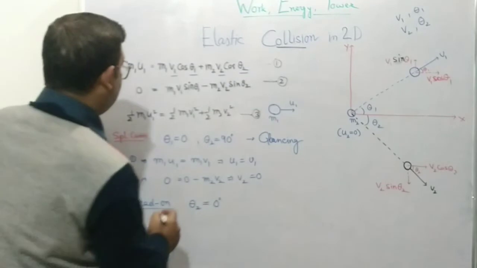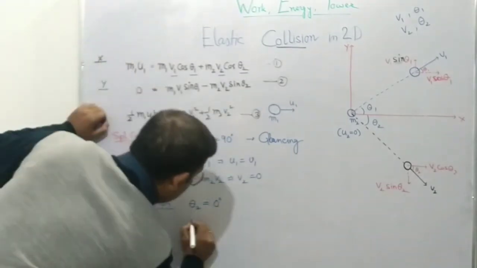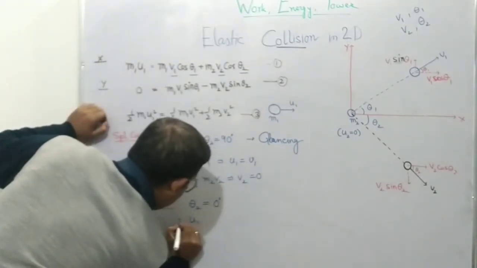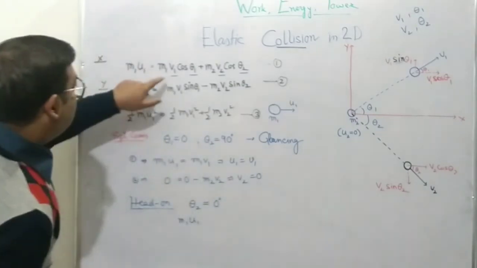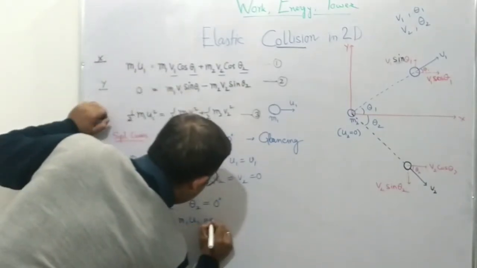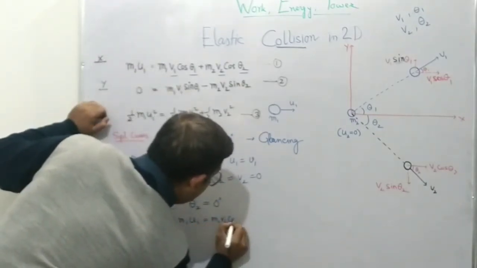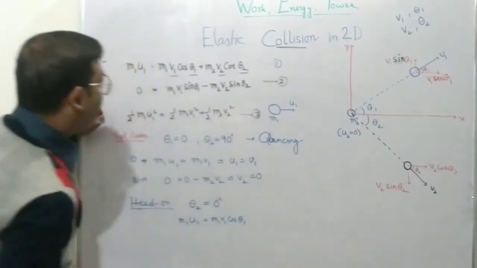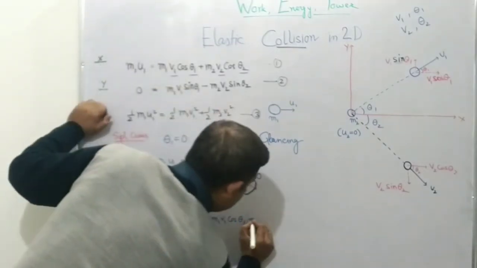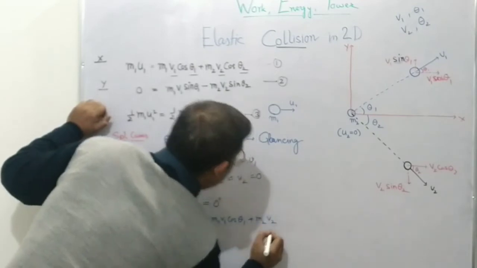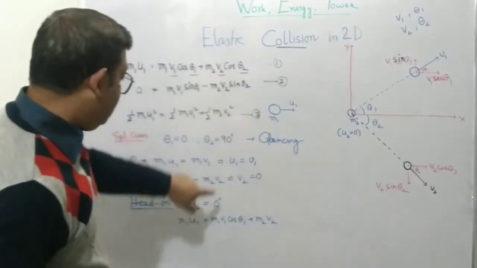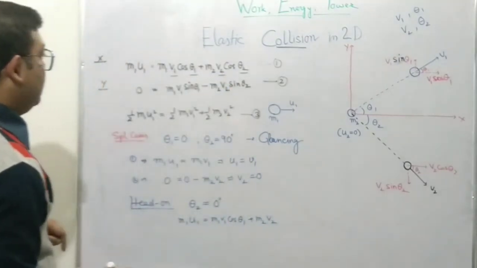We must have, from equation number 1, M1 U1 must be equal to M1 V1 cos theta 1 plus M2 V2 cos theta 2, which is 0.